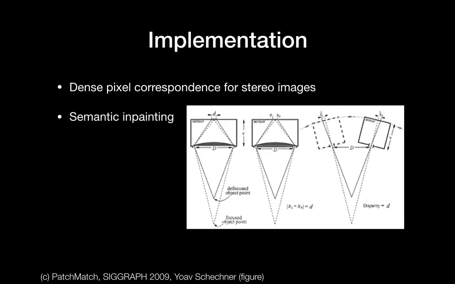This can be used if you know the D. The D is how your camera setup was established, and that is also called the baseline of the camera. If you have D, and if you know which pixel maps to what in the other image, you can reconstruct the depth, which is this thing.